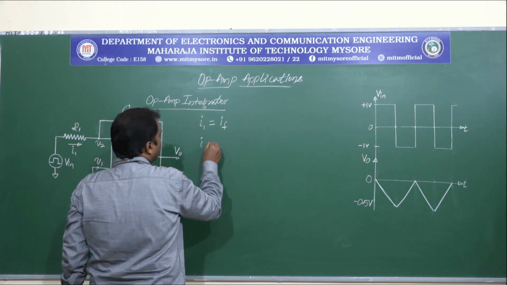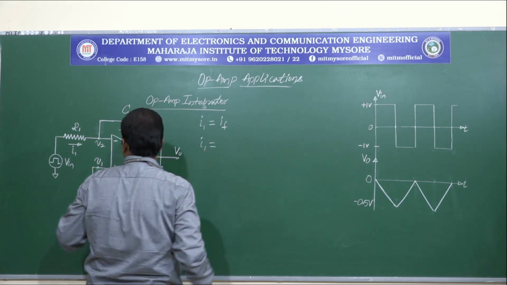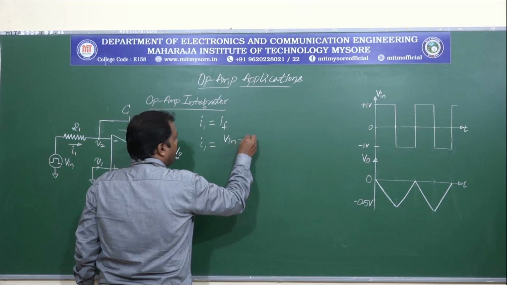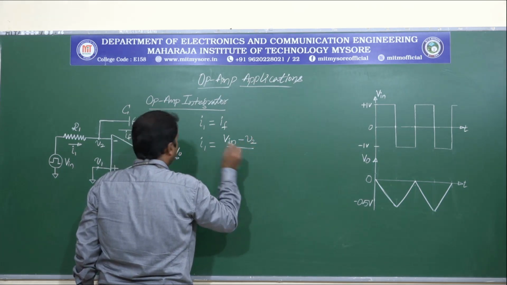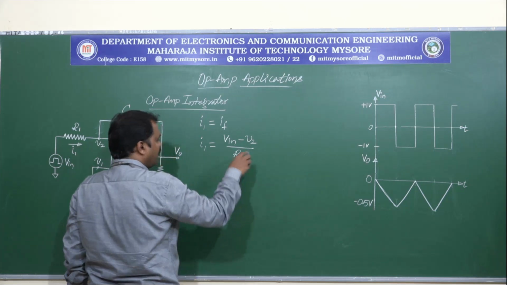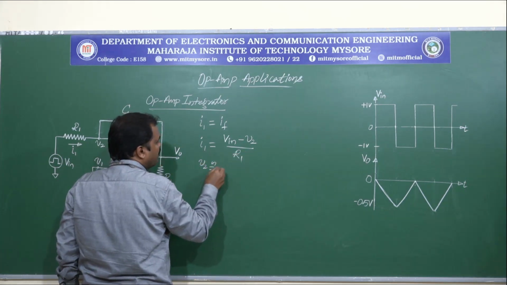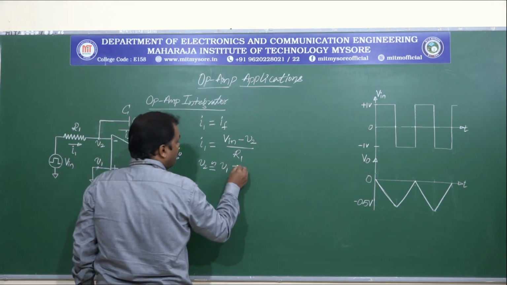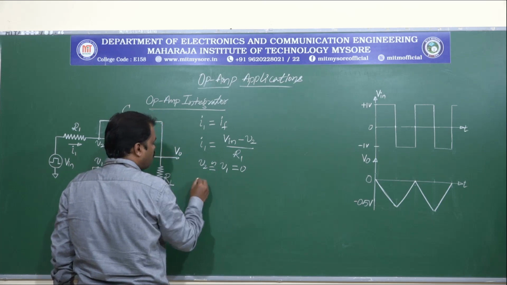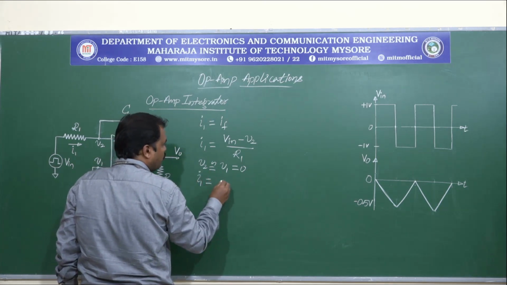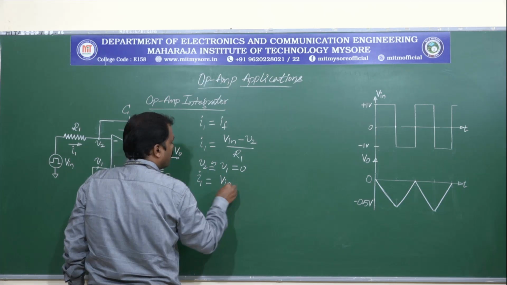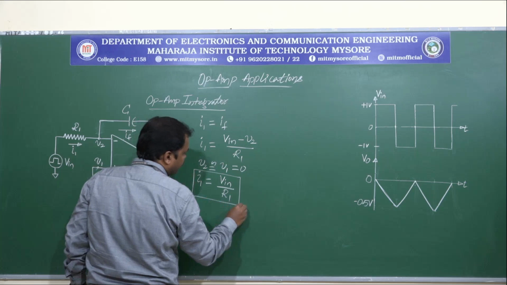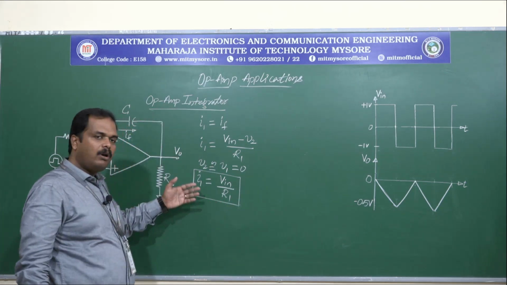Let us put in the equations for I1 and IF. By using Ohm's law, I1 can be written as Vin minus V2 divided by R1, and V2 is approximately equal to V1 because of the virtual short concept. V1 is equal to 0, so V2 will also be equal to 0. So I1 is equal to Vin by R1.